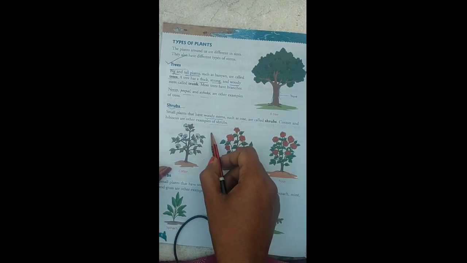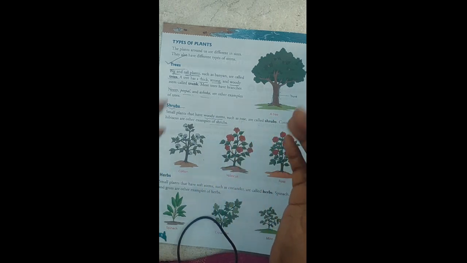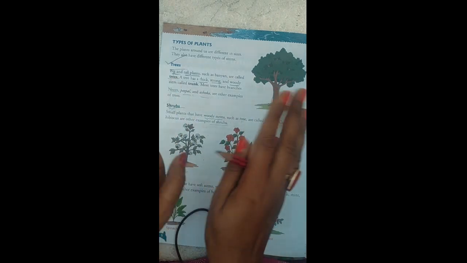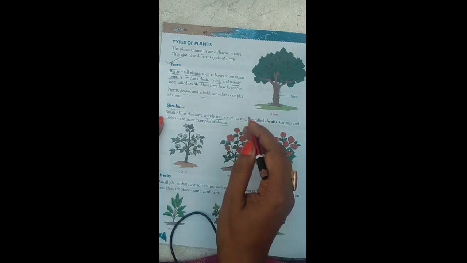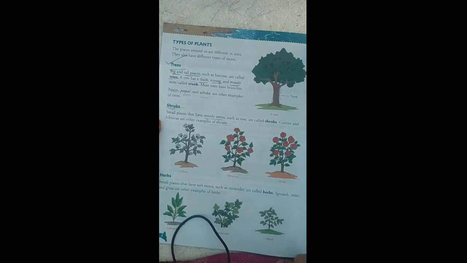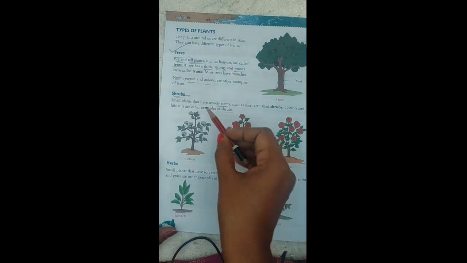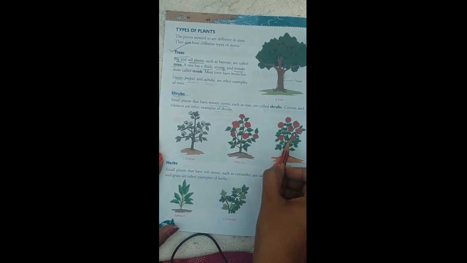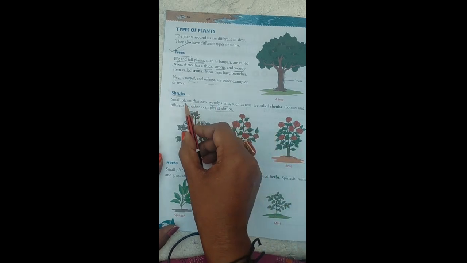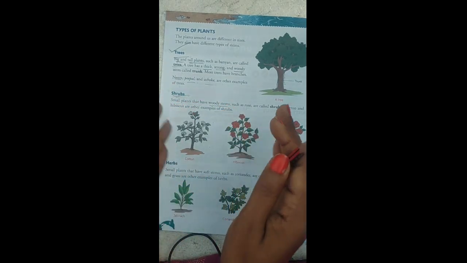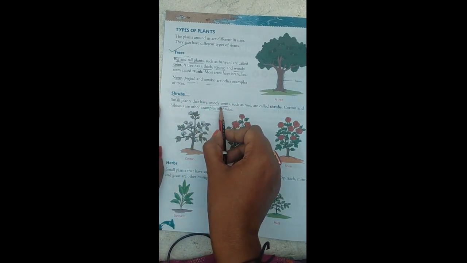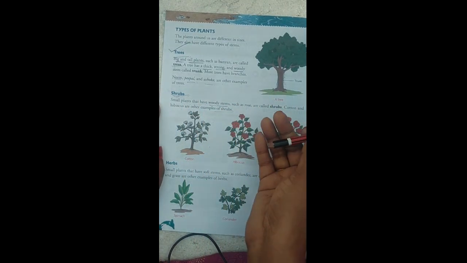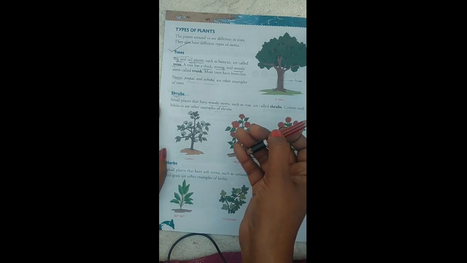Unlike trees, they do not have a very thick, strong stem, but they have a woody stem and their height is not as much as trees. So, small plants that have woody stem such as rose, hibiscus, cotton are called shrubs.